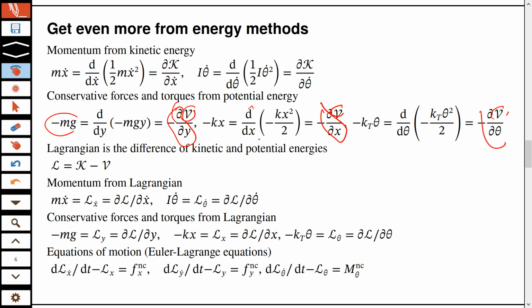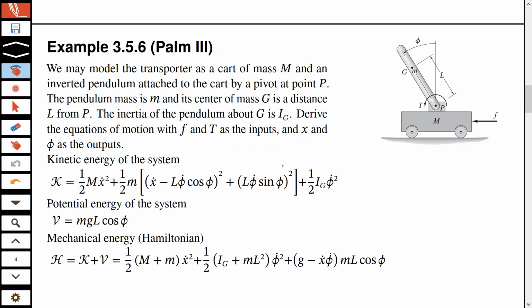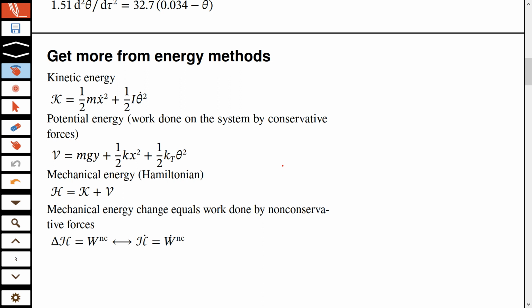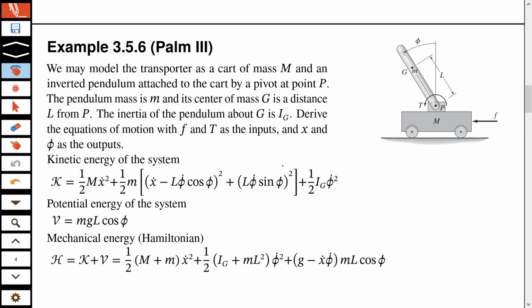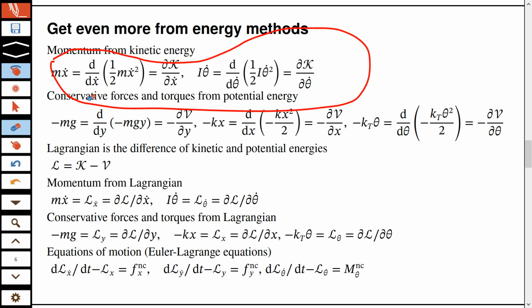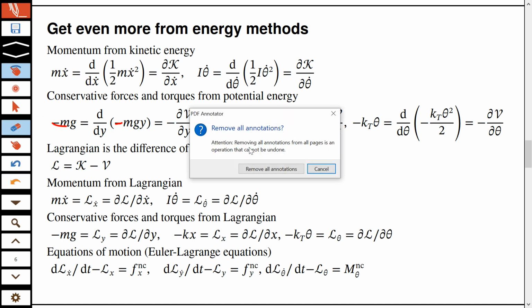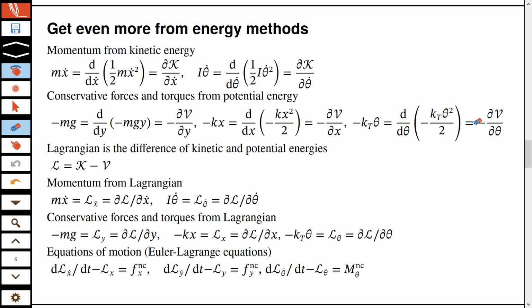So now you have a recipe. While in these slides all the derivatives were positive, here these derivatives are still positive with a plus sign. But to get these derivatives, we need to put a minus sign because we need the restoring forces, the restoring force of the spring, the restoring force of gravity, and so on.